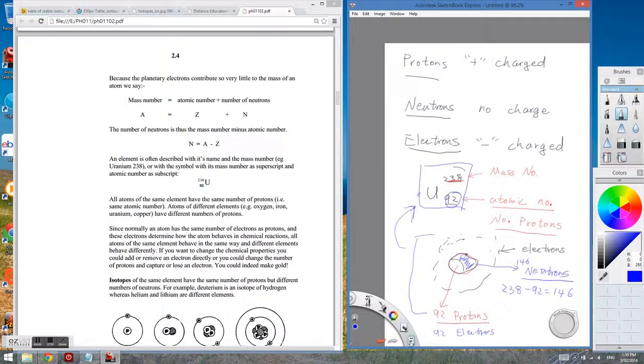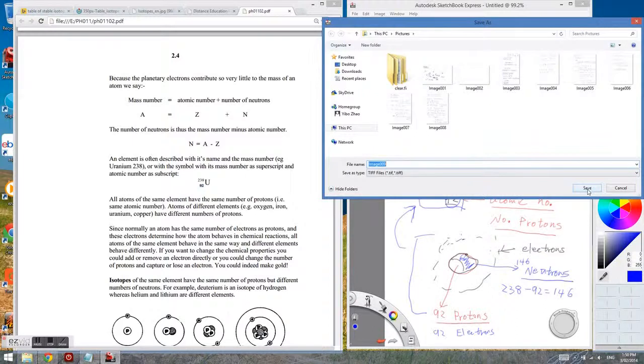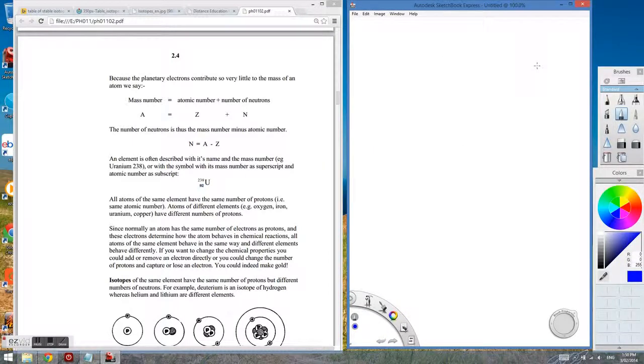Now, there's something more important about the atomic number. Let's go to a new page.